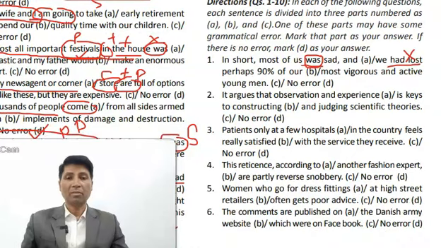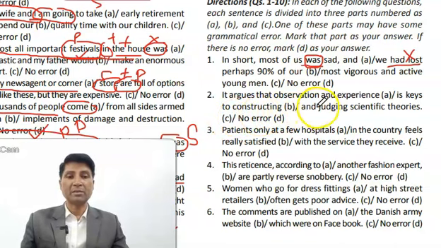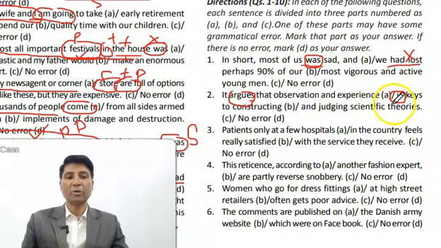Now question number 2, find out. It argues that observation and experience is keys to constructing and judging scientific theories. I'm giving you one step. This is the finite verb and here there is another finite verb. This finite verb is singular, as you can see S, and here also it is S. Here it is also singular.